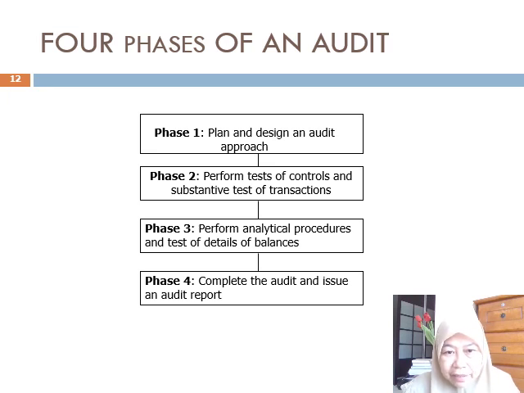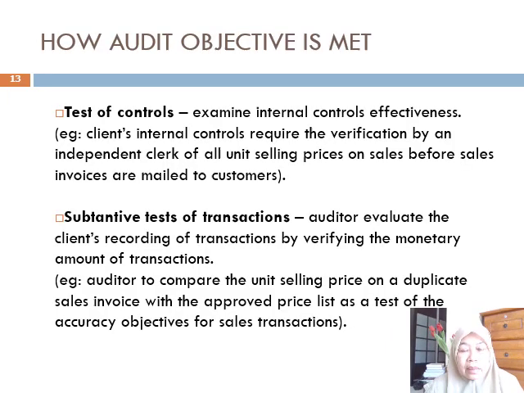Second phase is to perform test of control and substantive test of transaction. And the third phase is to perform analytical procedures and test of details of balances. I will explain to you later what the tests are all about. And the last phase is for the auditor to complete the audit and finally issue an audit report.